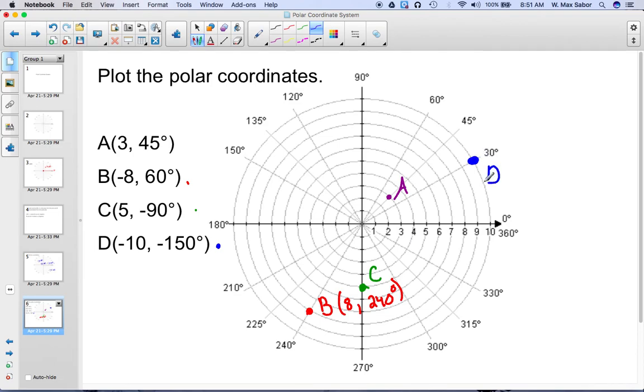So here is D, negative 10 and negative 150. This is the same thing as positive 10 and positive 30 degrees. So be aware that a negative r means starting in the left direction for the magnitude, and negative 150 says that we're going in a clockwise direction instead of counterclockwise.